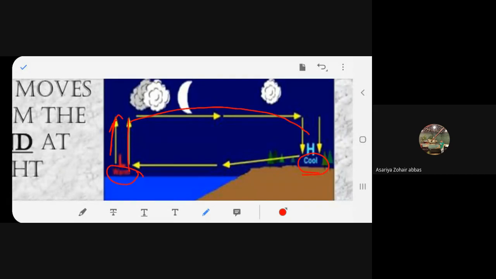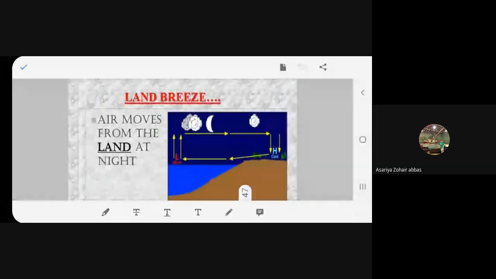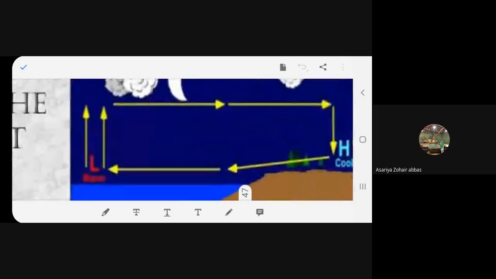Did you understand or not? Air is moving from water, not water, sorry, from land to water. So it becomes land breeze. As soon as it goes up, see what is happening.